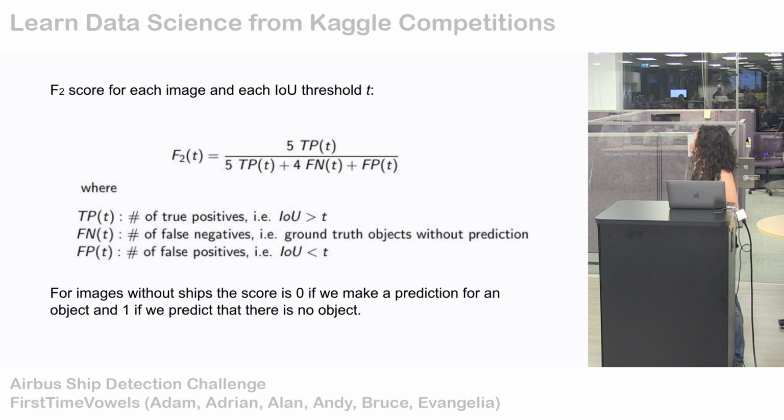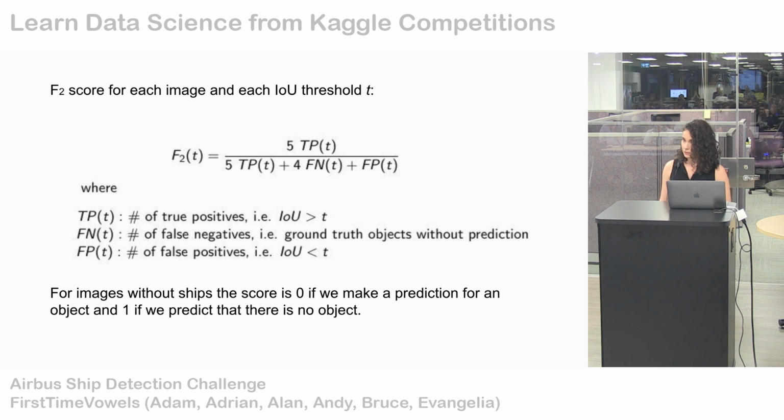It is a little tricky when you have images that don't have any ships at all. If there are no ships and you give a prediction, based on the formula, TP is going to be 0, FP is going to be 0 again, and FN is 1 or something bigger than that, based on how many predictions you gave.